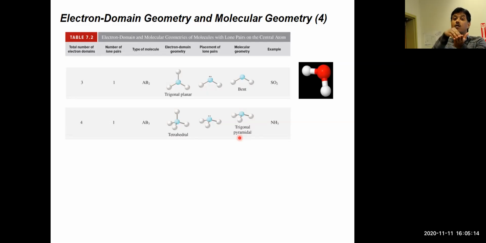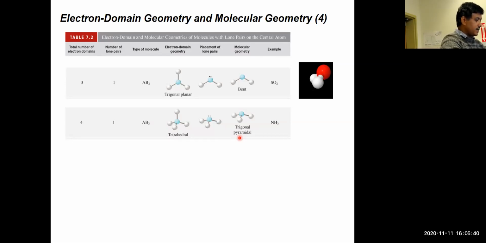Trigonal pyramidal. Let me get a trigonal pyramidal model here. I think I have one. If you think of this white ball at the top of the nitrogen as a lone pair, it doesn't get any shape, right?